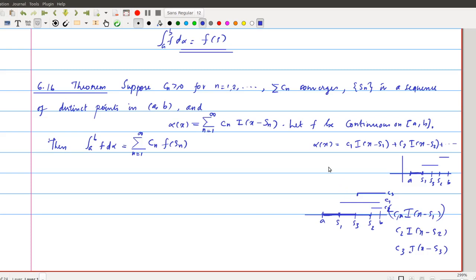Okay, how do you draw that graph? So that will be like this. If you consider A here, and this is our B, this is s1, s3, s2. Okay, so now you need to add all these things. From a to s1 we have 0 here, and s1 to s3 that is c1.